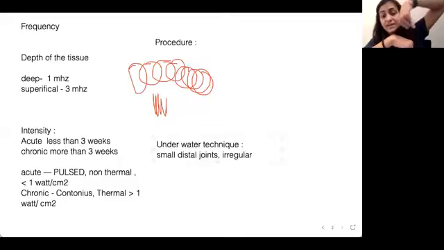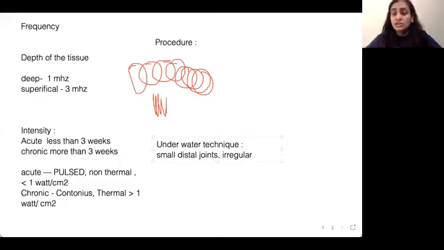No, you keep it perpendicular, but at a distance of 1 centimeter. Another thing in the underwater technique: do you require more or less intensity compared to direct contact? Your intensity is going to be more because there is no direct contact, so you have to increase the intensity.